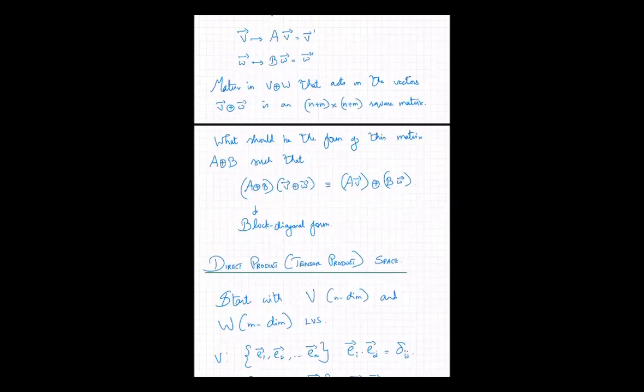What should be the form of the matrix in this new higher dimensional direct sum space, which I'm going to call A plus B, such that this matrix acting on the vector in the higher dimensional space decomposes into the direct sum of A acting on the original vector V and B acting on the original vector W.